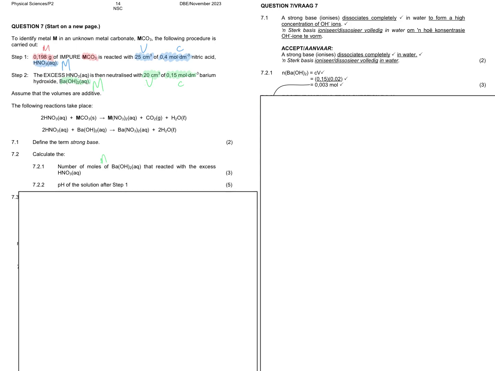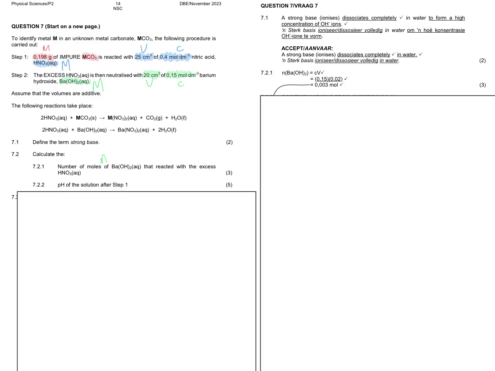Then they want the pH of the solution after step 1. So step 1 is when you reacted the nitric acid with the impure MCO3. So basically, to get the pH, you need to know how much HNO3 was left over after step 1.